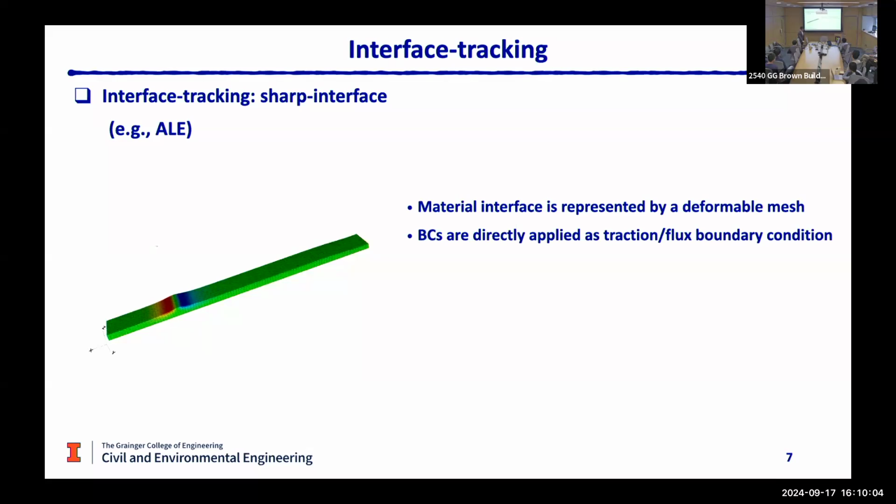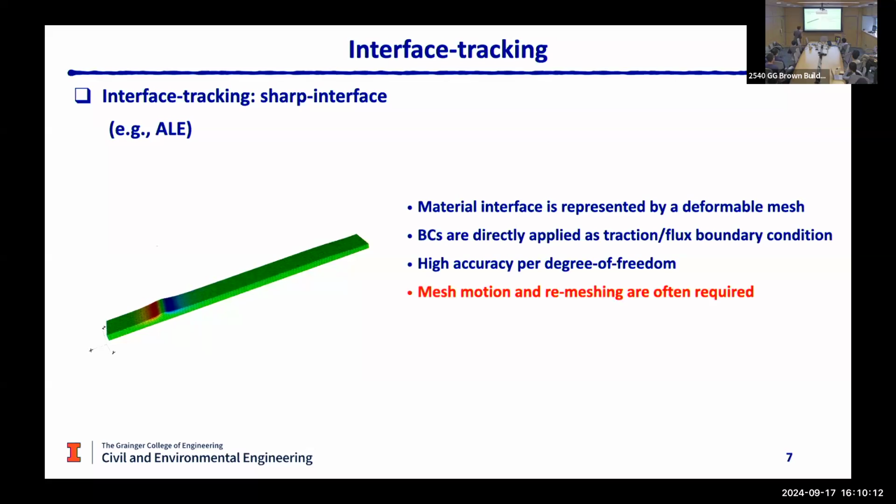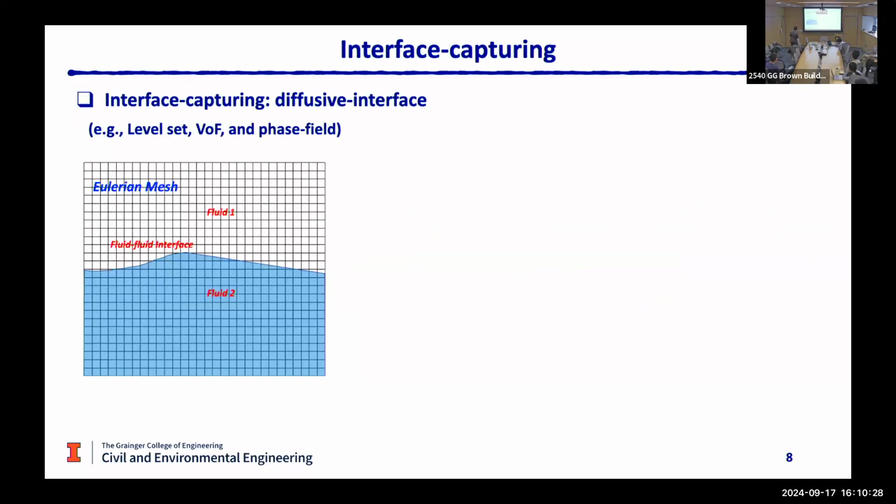The advantage is that this type of method is very accurate per degree of freedom. However, in order to maintain an explicit interface, you need to constantly perform mesh motion and remeshing. And given the topology changes you see from the previous slide, it's almost impossible to apply this approach to a realistic printing process.